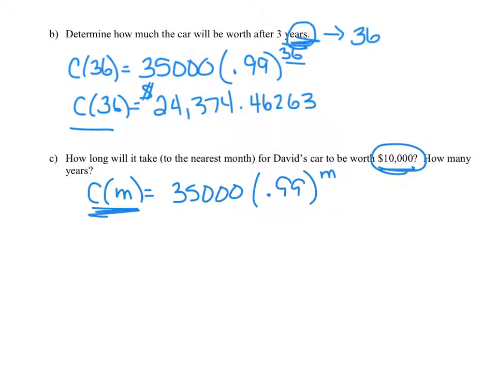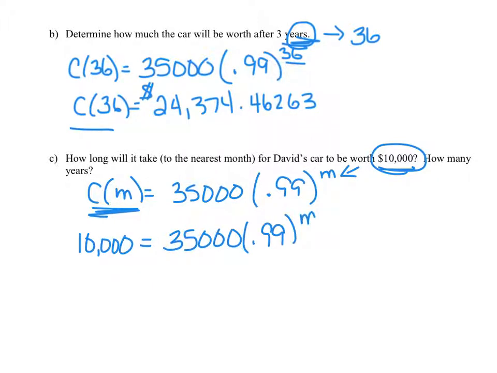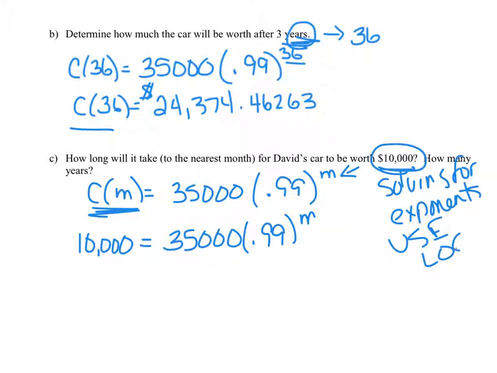So we are going to be solving for an exponent. So remember, anytime you solve for an exponent, you know that logs will be involved. Please know logs are involved. Solving for exponents, use logs.